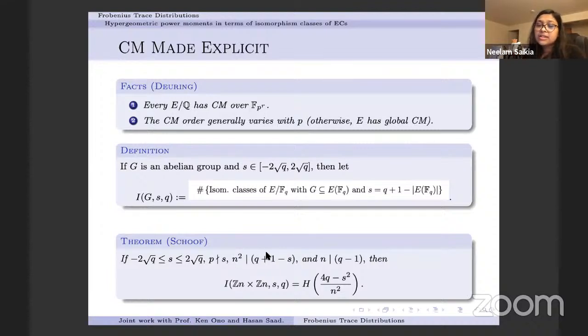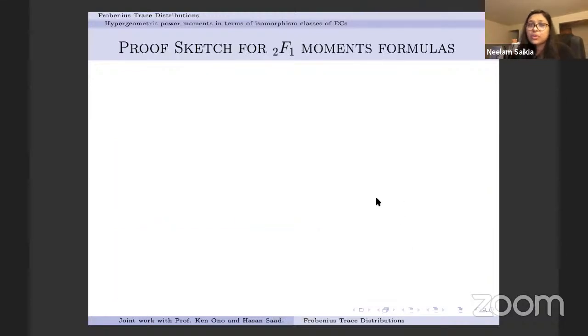So this condition comes from here, and in the class number we have (4q minus s squared) over 4, and as you can see earlier, in most of our moment formulas this kind of class number appears.